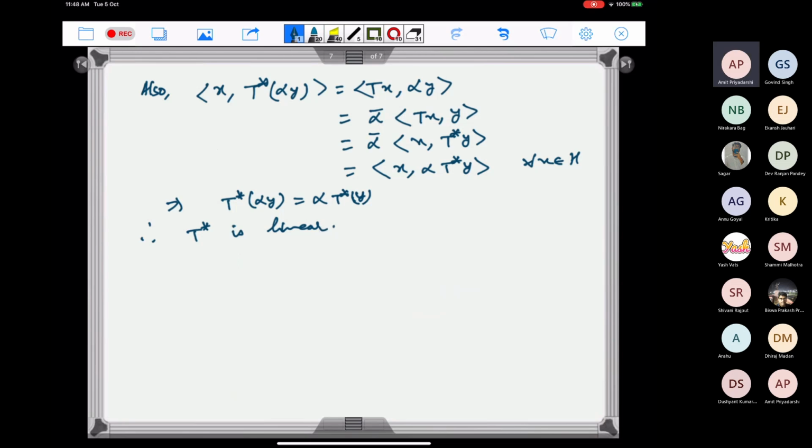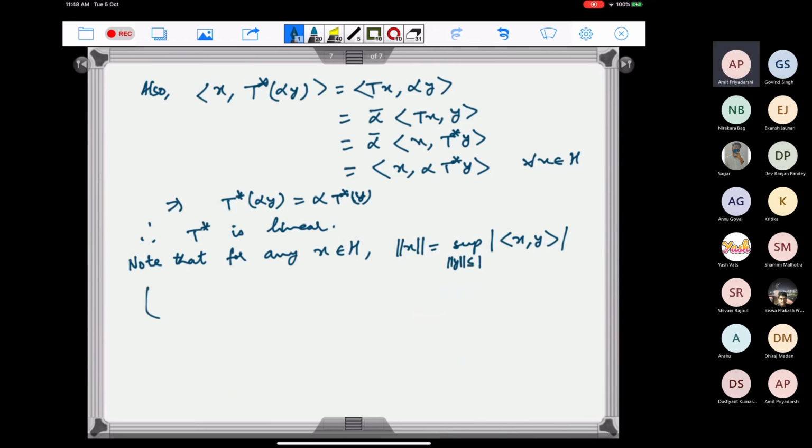So first let me show this. So note that for any x in H, norm of x can be written as supremum of mod x inner product with y, where supremum is over all y such that norm y is less than equal to 1.